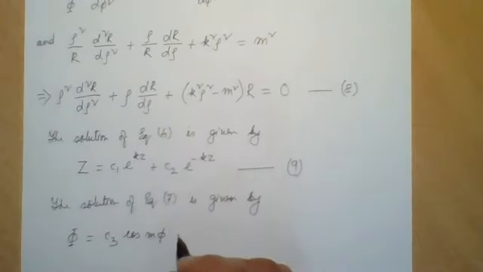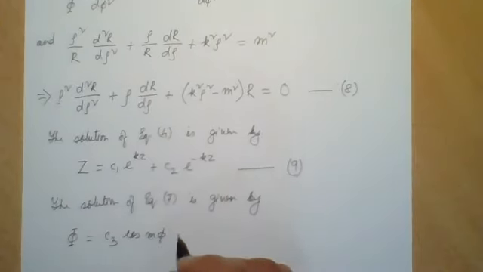In order to solve equation 8, let us substitute this k times rho as x. We can call it equation number 11.